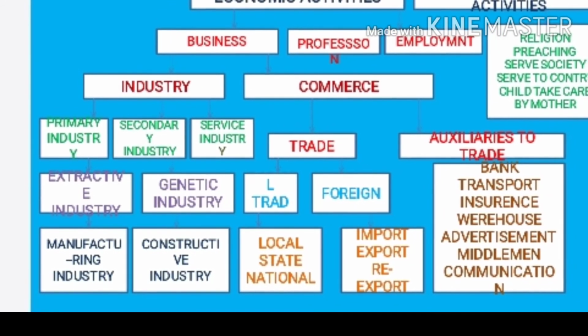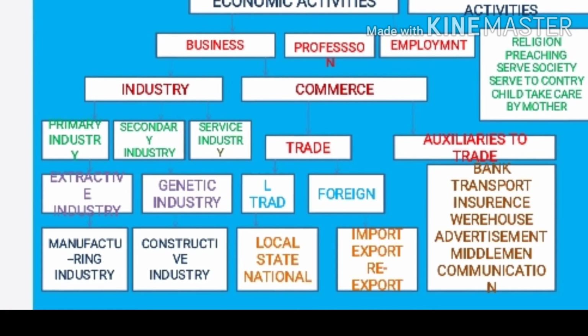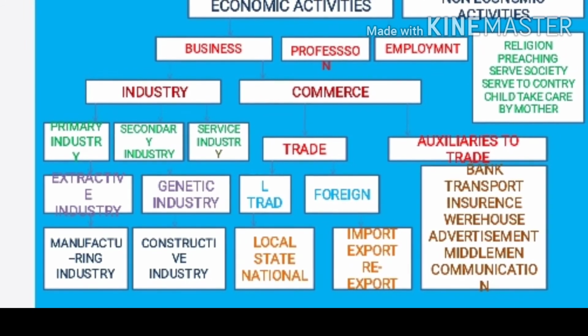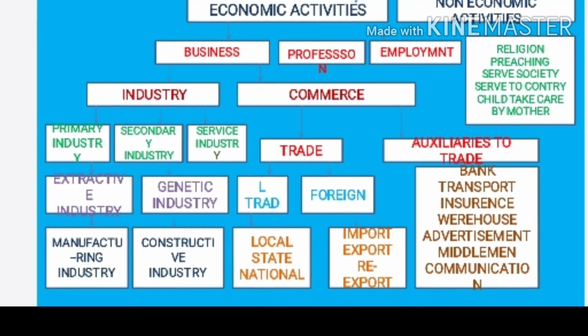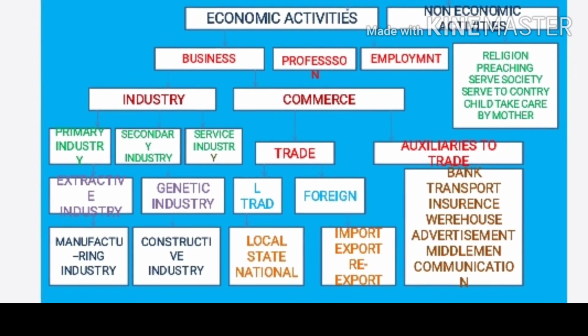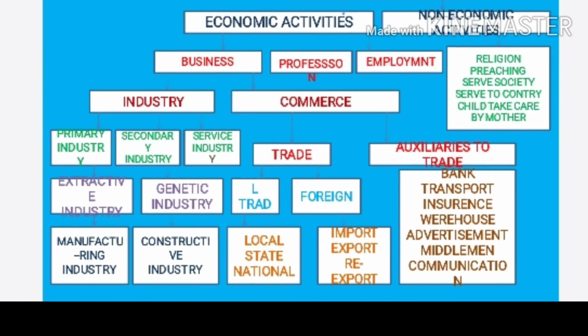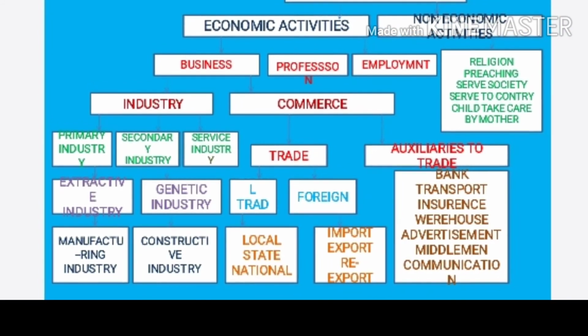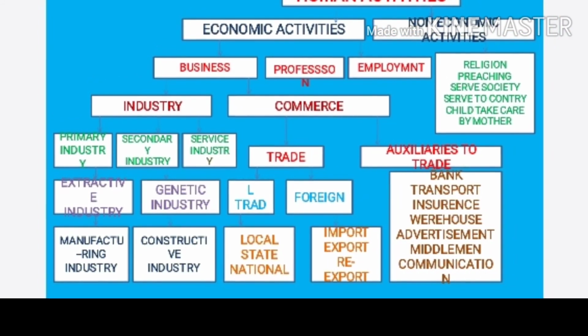For example, transport, bank, insurance, warehouse, advertisement industries are trying to reduce the distance between production and consumption. These service industries make the smooth flow of product between production and consumption.